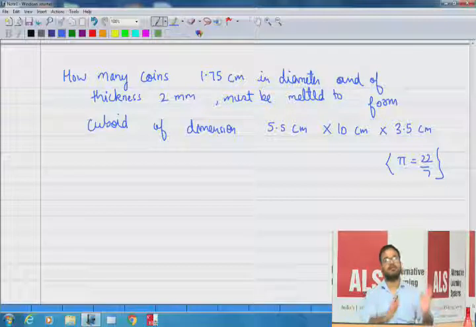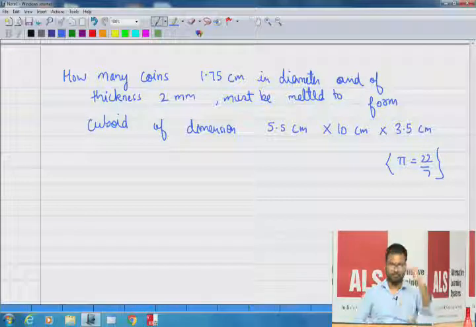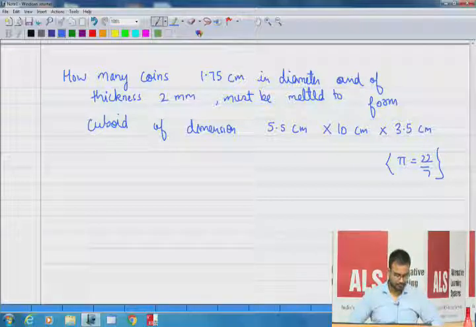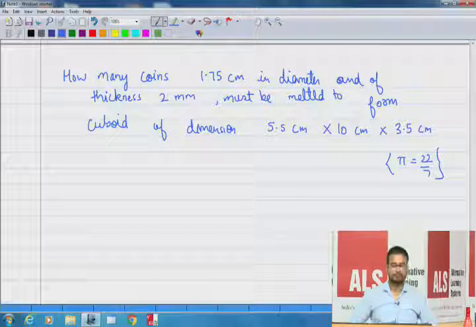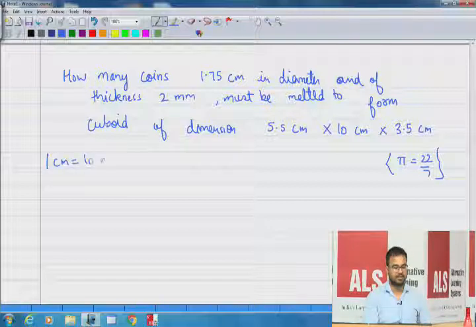Again, the volume of the coin is equal to the volume of the cuboid, but we have to figure out the number of coins, and the coin is in the shape of a cylinder having a circular top and height. Try this and take care of the unit. This thickness is in millimeter, and I have told you 1 centimeter is equal to 10 millimeter.